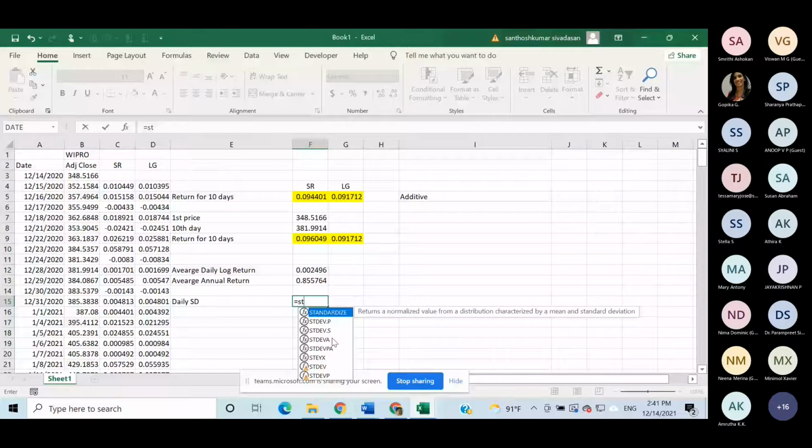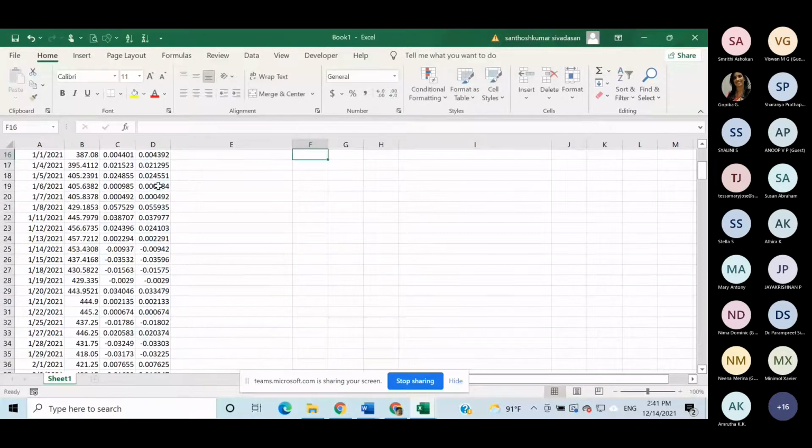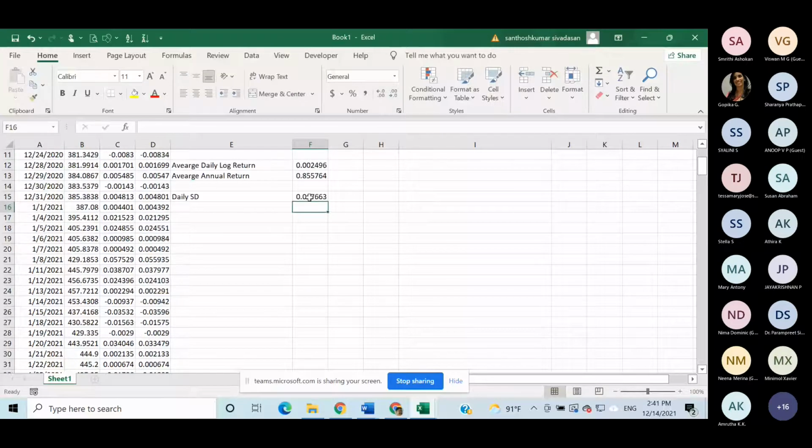From that, you select standard deviation S, which means sample. Then choose the distribution. Control, shift, down arrow will choose the entire distribution. So it will give you the daily standard deviation.